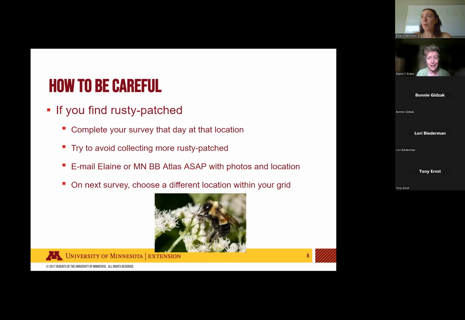You do need to let us know as soon as possible. We need to report that to the Fish and Wildlife Service as soon as we can. I think officially we have a week to do so after we've sighted them in a new location. So just as soon as you can, get those photos to me or to the Minnesota Bumblebee Atlas email address, along with the location.